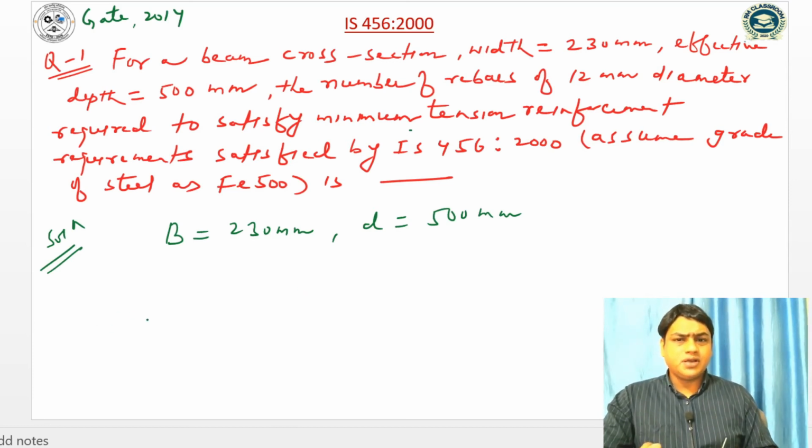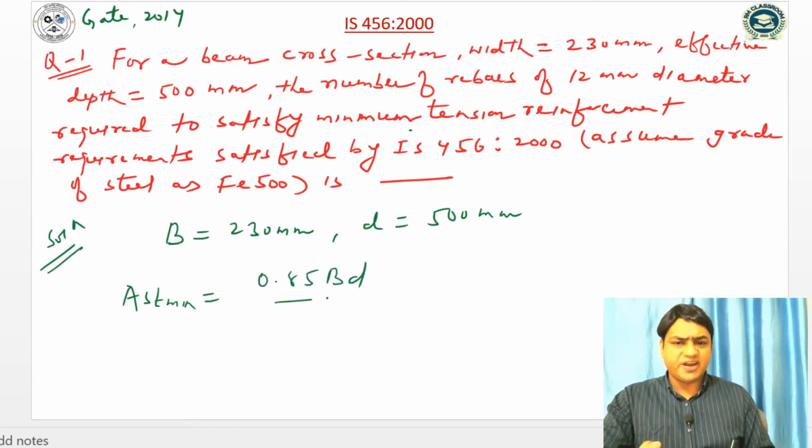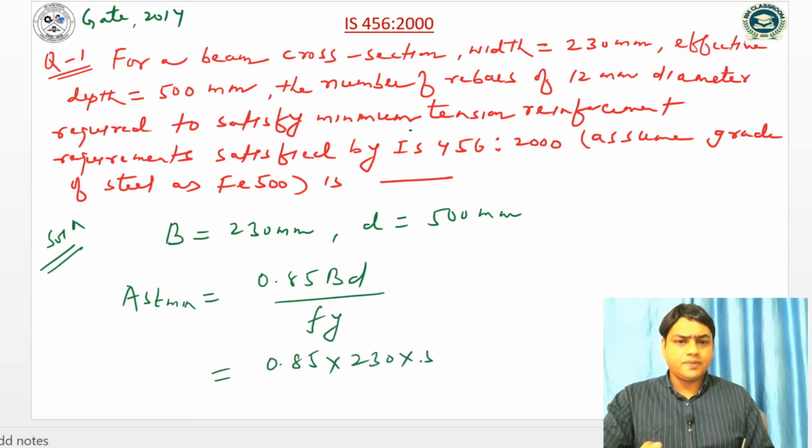So we have to find the number of bars of 12 mm diameter. The minimum tension reinforcement is equal to 0.85 BD divided by Fy. So if I compute it, 0.85 into 230 into 500 divided by Fy, where Fy is 500.